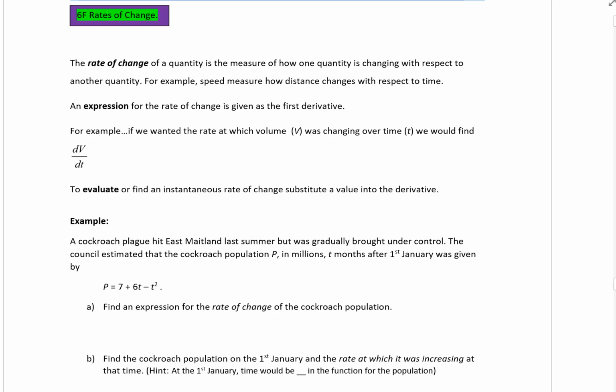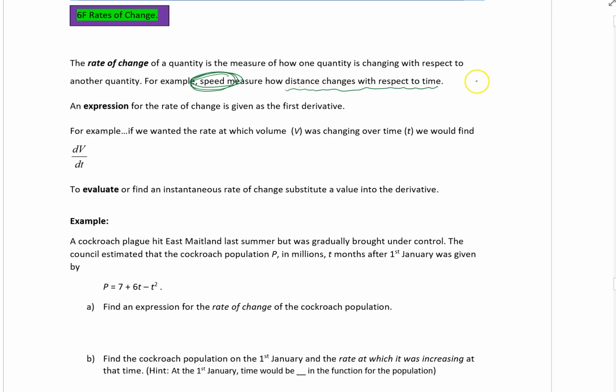A very good example of a rate of change is if we look at how distance changes with respect to time, well, we know that measure, and that's called speed. So speed, we could say, is what you get when you differentiate distance with respect to time.